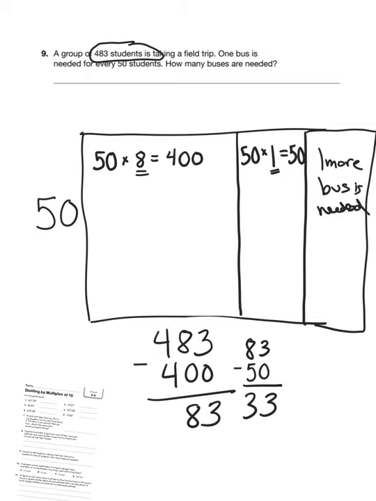So remember when I talked to you about the difference between the mathematical answer and the problem answer? In this case, the mathematical answer is 483 divided by 50 equals 9 with a remainder of 33.